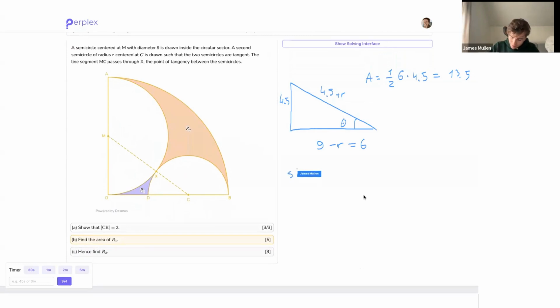So it means that I can write sine of theta as opposite over hypotenuse, so 4.5 over 4.5 plus R, which is 4.5 plus 3 is 7.5. And I'm going to use my calculator to find what theta is. I'm going to do the inverse sine of 4.5 divided by 7.5. And I will find it's sine inverse of 0.6, and that is equal to 36.9 degrees.